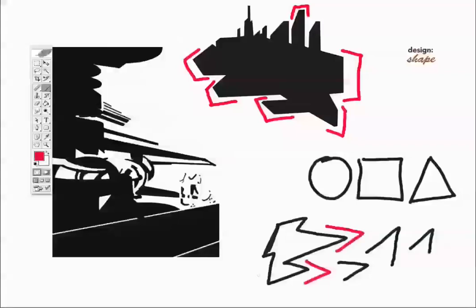This segment, this, and this sets up a rhythm. The repetition of a feature such as this, repeated in a variety of sizes, will add interest and rhythm to the shape. And it also makes a unified shape.